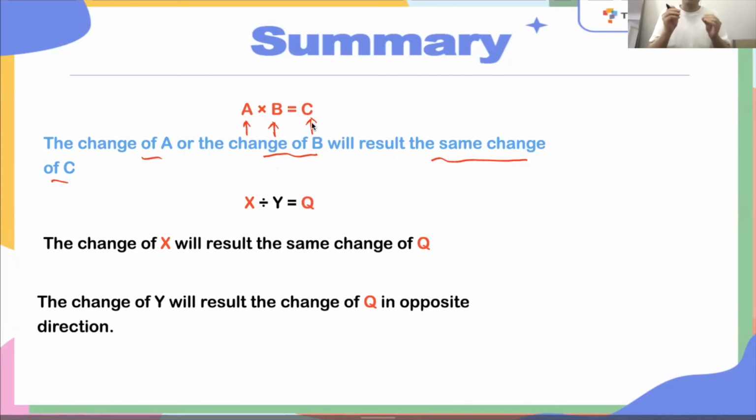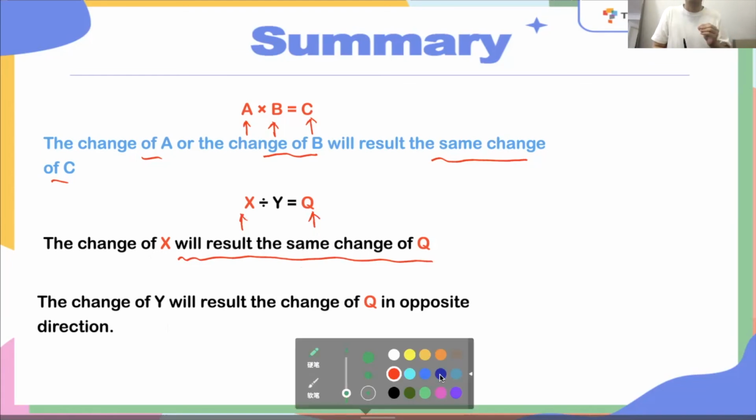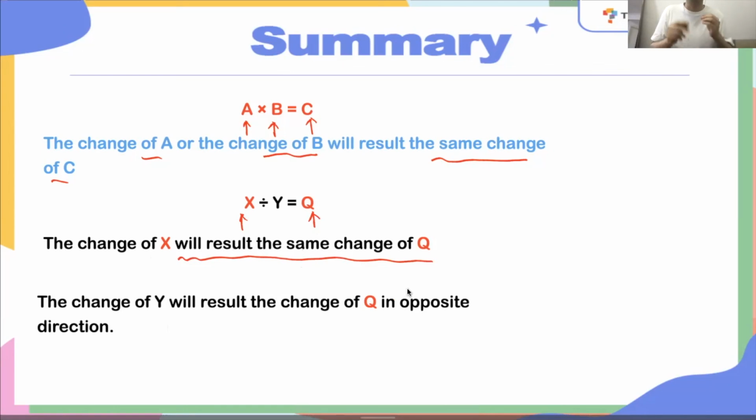Okay, they will do the change in the same direction. And in the division, we will have x divided by y, that is q. And this part, the change of x will result the same change of q. Okay, so in this pair, we still have the change in the same direction. Okay, the last one. The change of y will result in the change of q in the opposite direction.